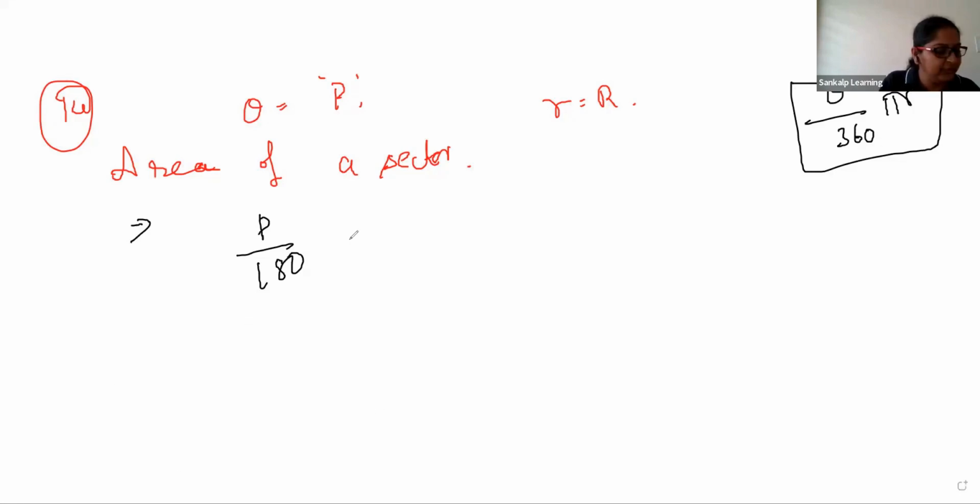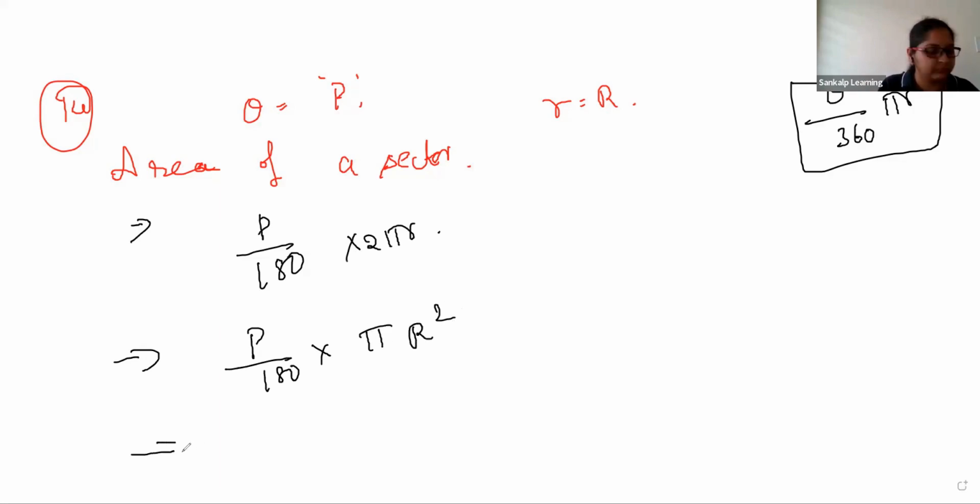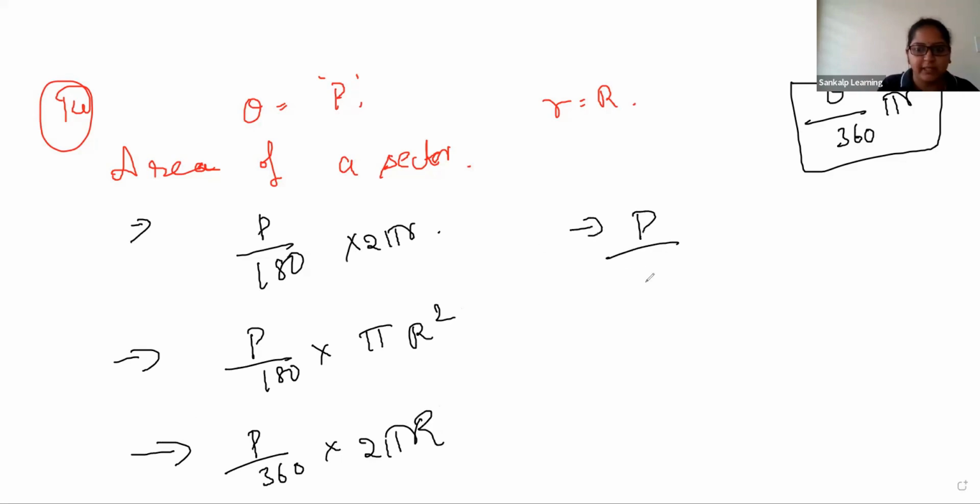P by 180 into 2 pi r. P by 180 into pi r square. P by 360 into 2 pi r. And the fourth option is P by 720 into 2 pi r square. Okay, tell me which is the right answer, children.